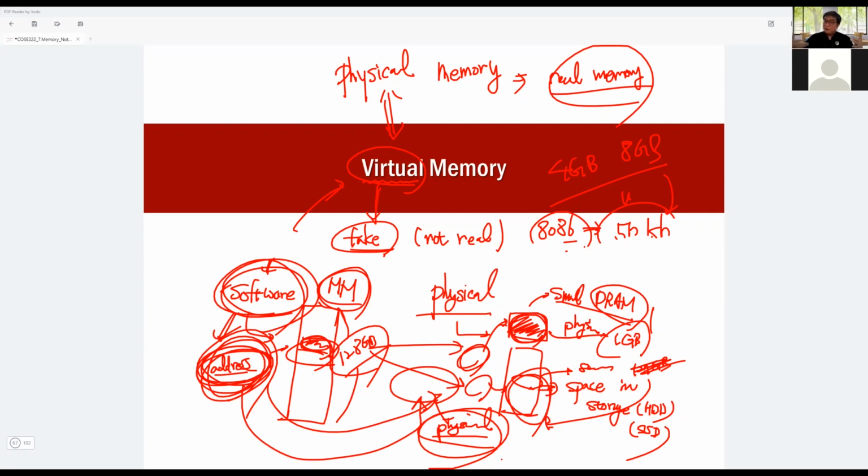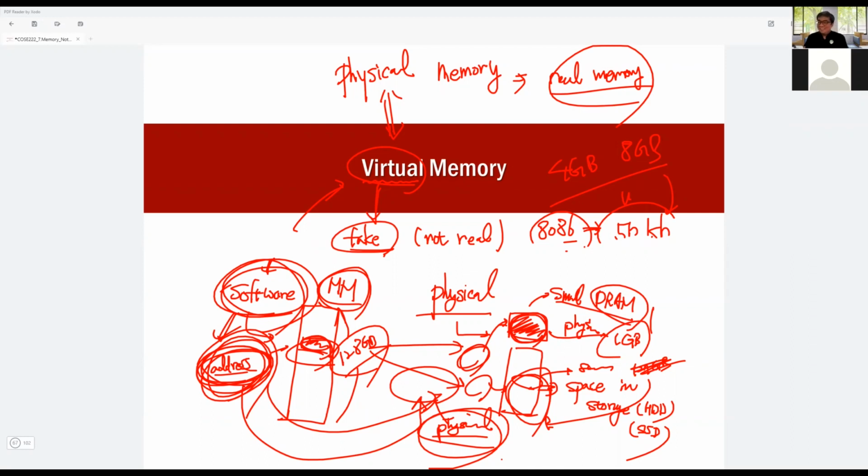But it's very convenient for software engineers, because they do not need to consider the limitation of physical memory. They think we have a very large memory and can use it freely.